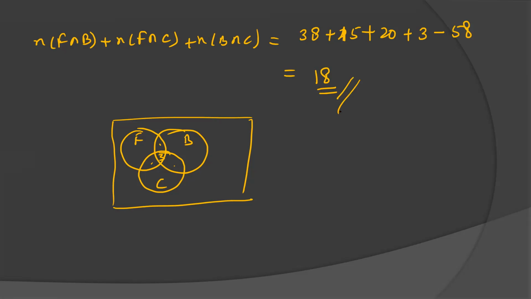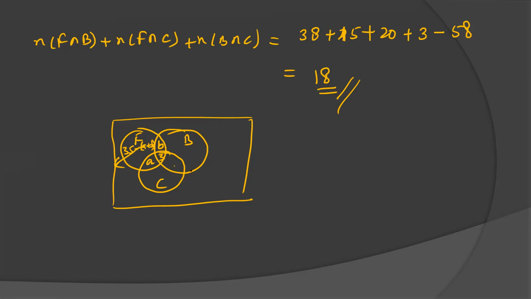So by the formula, you can see that this problem is easy. Otherwise you have to suppose here A, B, then this value will be, there are total 38 now. So 35 minus A plus B in the football. Similarly you have to solve for basketball and cricket this problem.